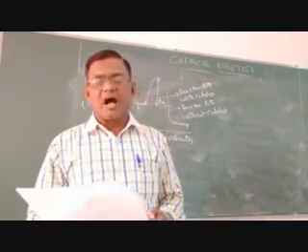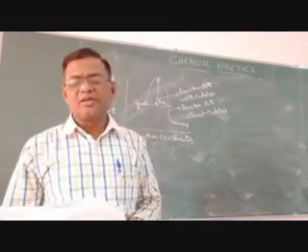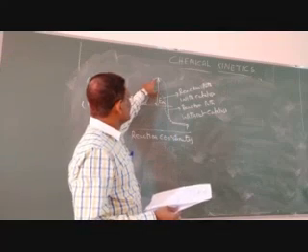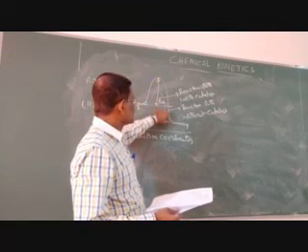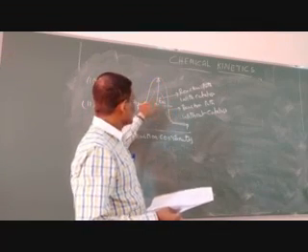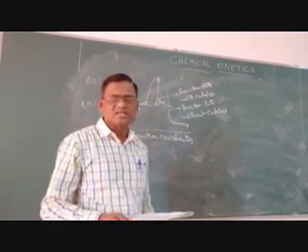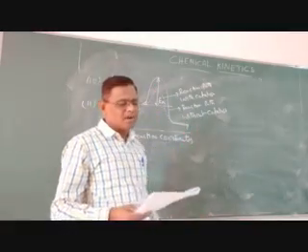Catalyst provides an alternative pathway or reaction mechanism. So observe here, without catalyst the shape of the curve is like this. With the presence of the catalyst, the dotted line. Then what happened here? The activation energy decreases as well as the path of the curve changes.